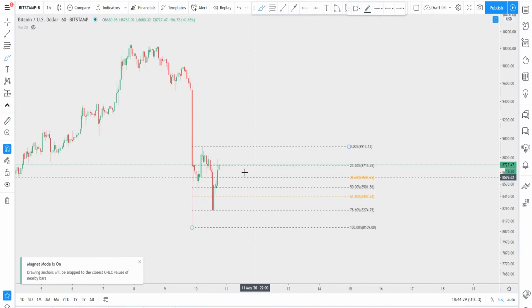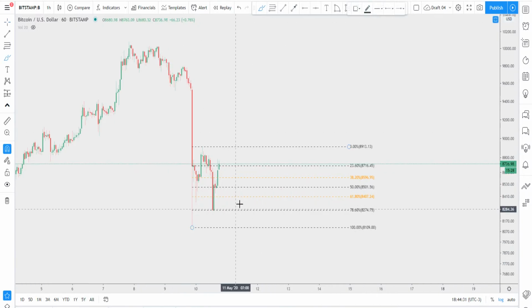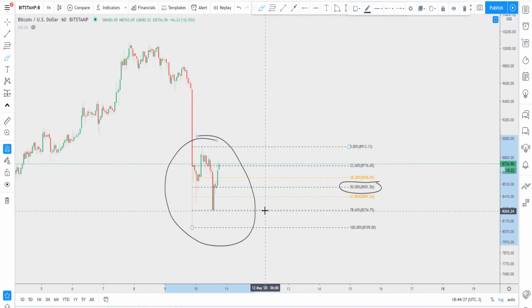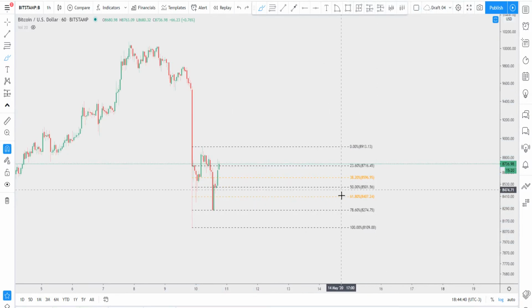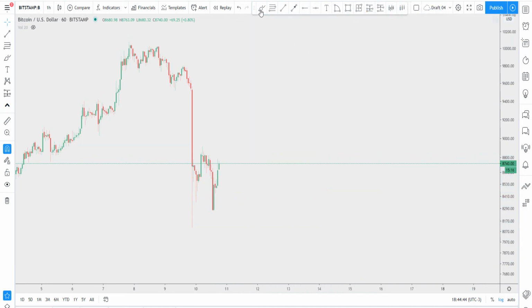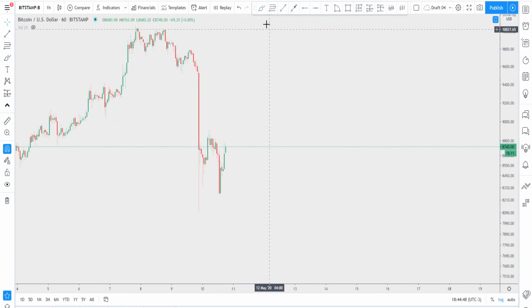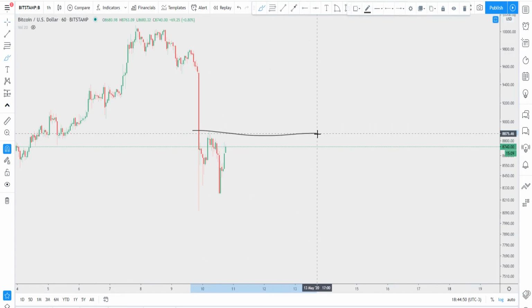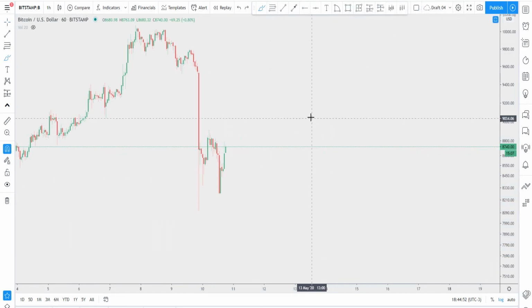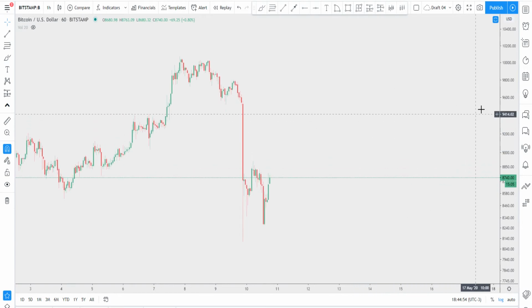And what we will look for in the coming hours, maybe the coming days, is the average for the 50% of this guy here. This will be the average for this structure here. And with the bears in control, we are expecting bearish continuation.